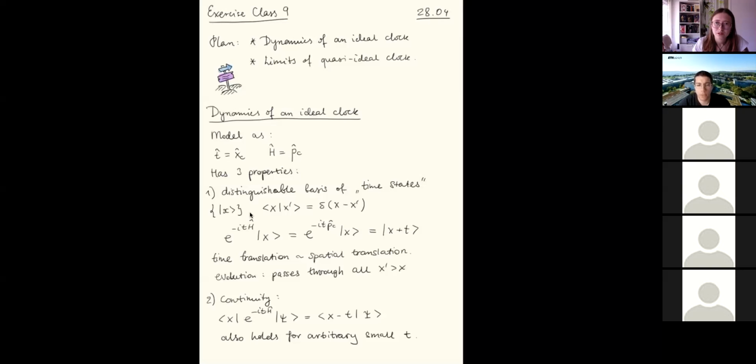For example, you can have a distinguishable basis of time states like x, x plus delta x, x plus 2 delta x, and so on. They will also be distinguishable because the overlap between these states would be 0. But it doesn't give you the continuity. It gives you this kind of coarse-grained continuity where you're only able to move by this delta x.